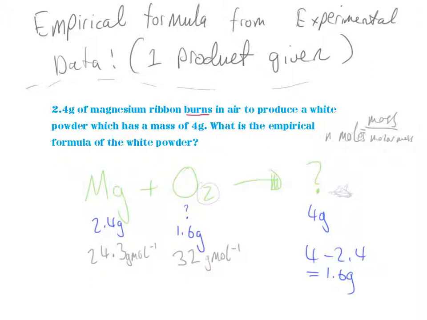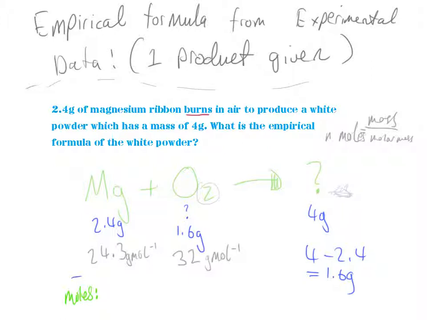We can't find it for the white powder because we don't know the molar mass of this particular substance. So first of all, I'll work out the number of moles of magnesium. So let me use this new row here, in light green. Moles.